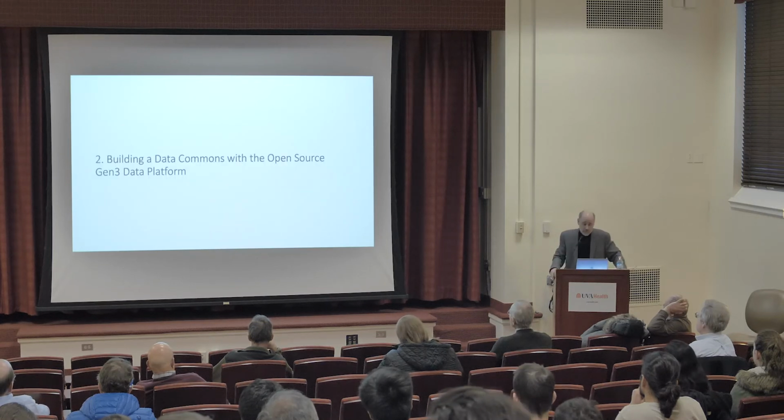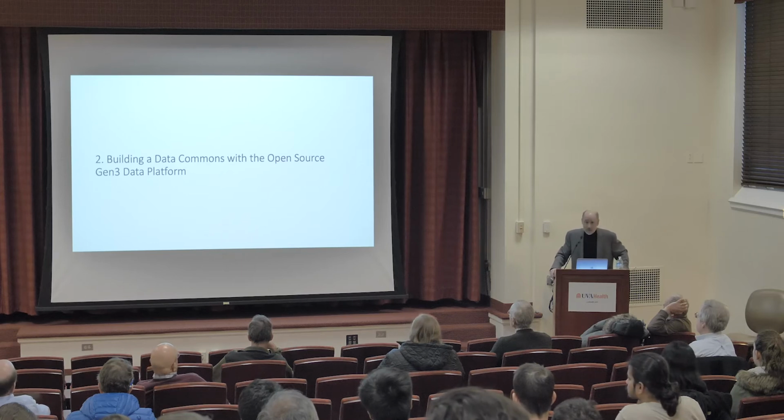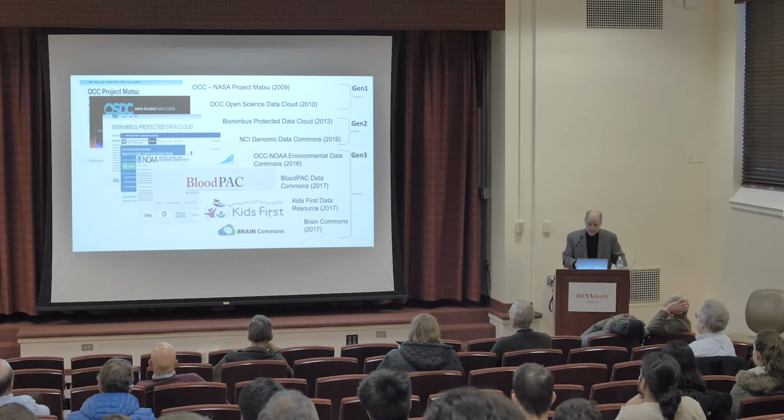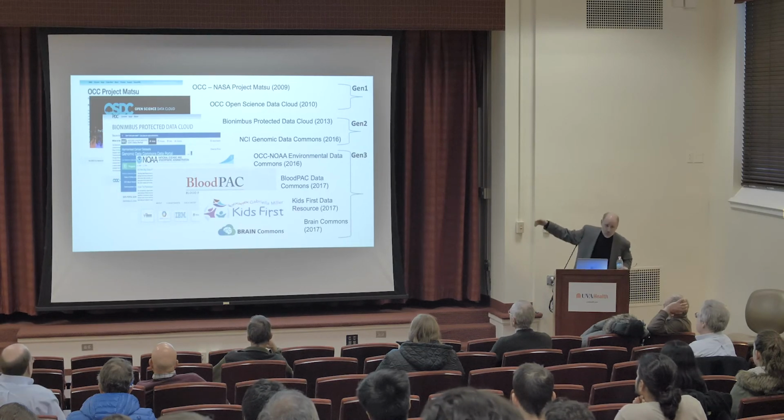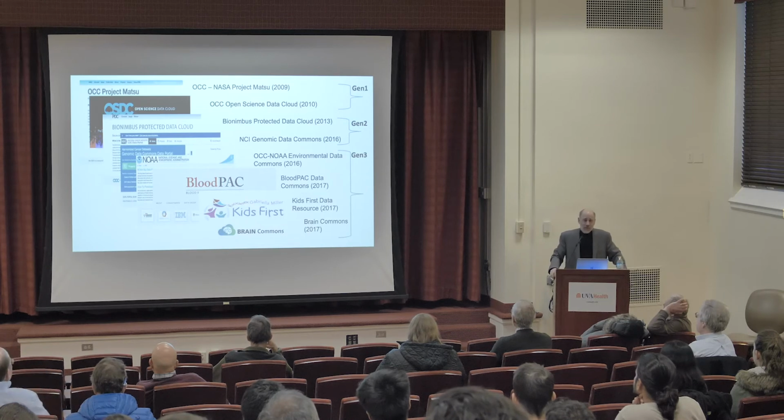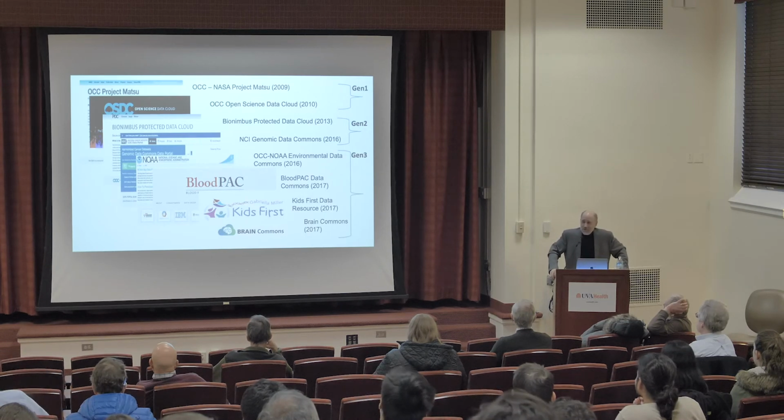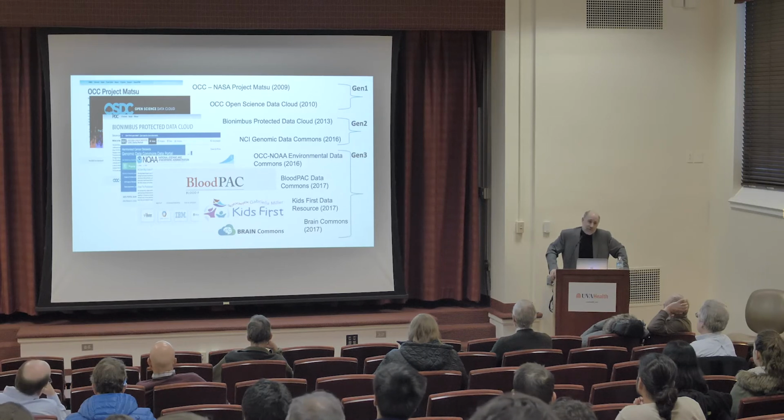So I'm going to talk a little bit about a platform that's open source, so you could build these. In Chicago, we don't have a lot of imagination in my group, so we were trying to think of what to name this new platform. We were talking about it being sort of the third generation we've done this, depending upon how you count.